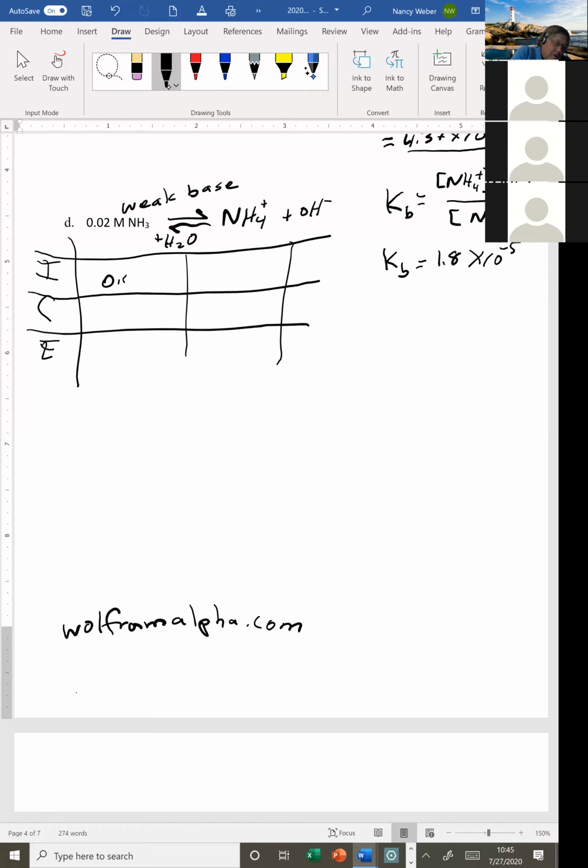So 0.02 molar starts off, 0 and 0, plus X, plus X, and 0.02 minus X. Now, I'm going to make an assumption that X is much less than 0.02.